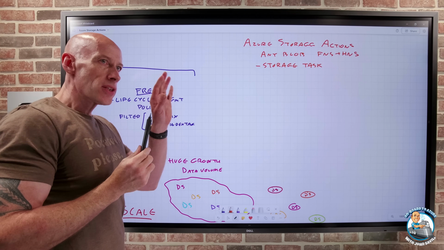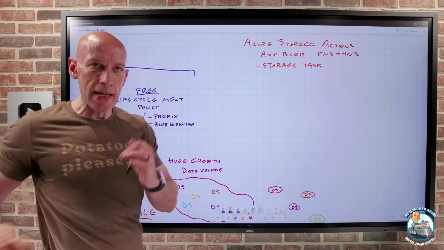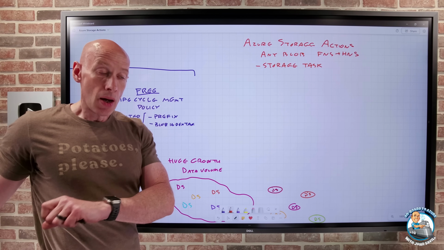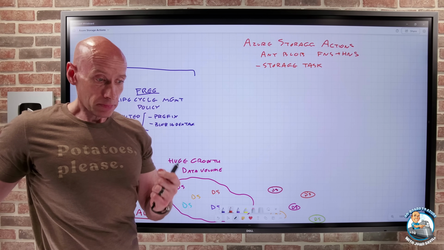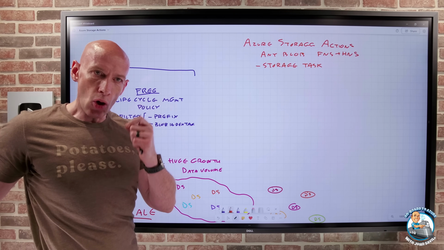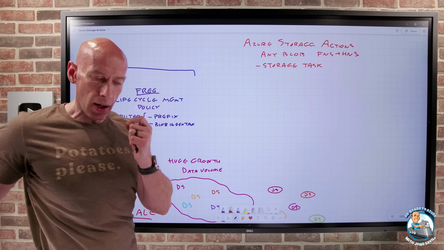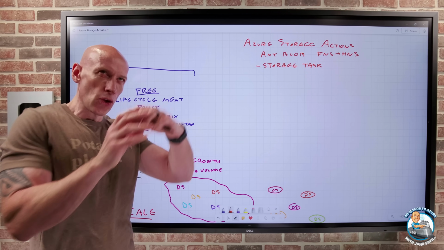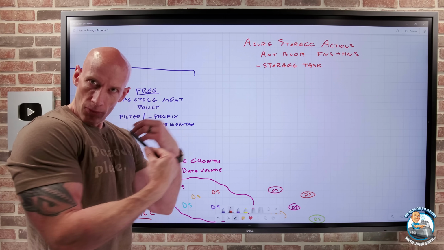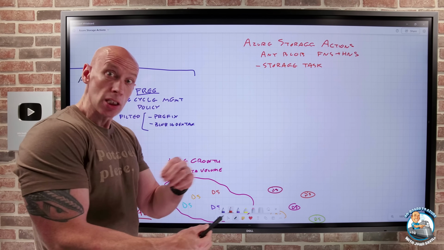And I can create n numbers of tasks to do different things. Now, once I create the storage task, there's 3 key groupings of things that I have to do as part of it. I'm not going to be writing code. I'm going to define everything I want to do in terms of the actual business logic I want. And we're going to see I have this full range of flexibility in the actions I perform, but obviously remember, hierarchical namespace didn't support versioning.